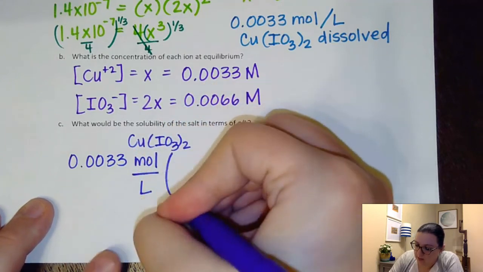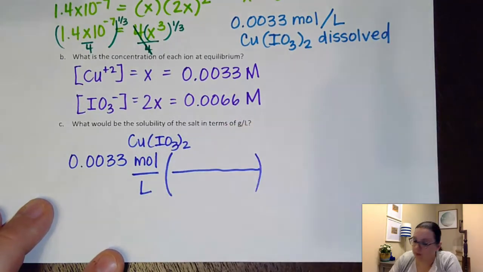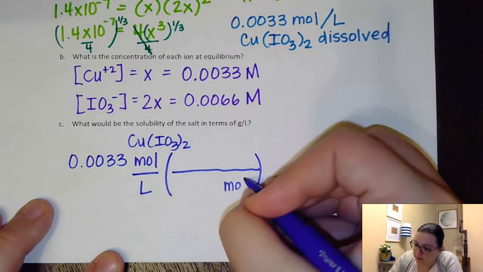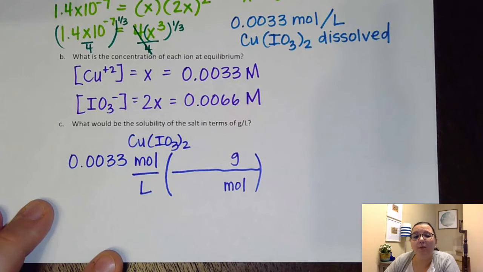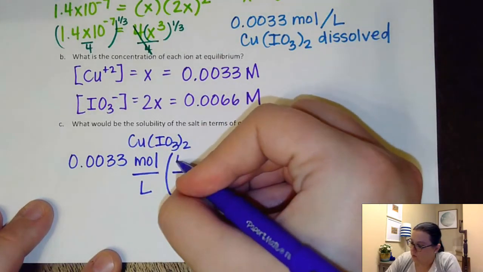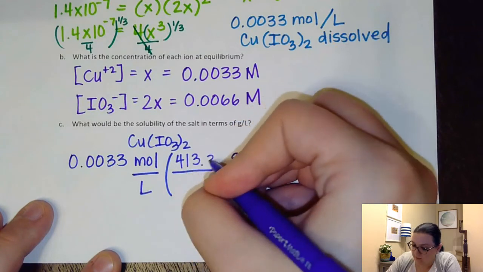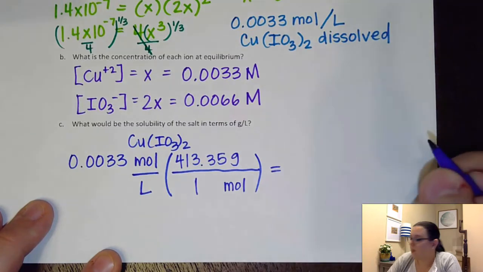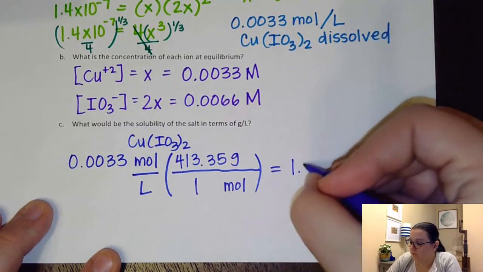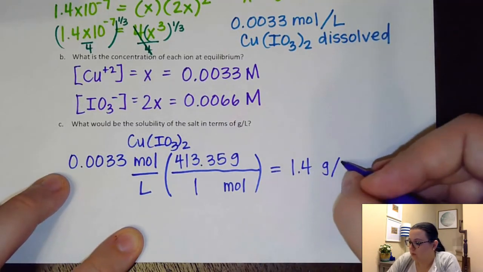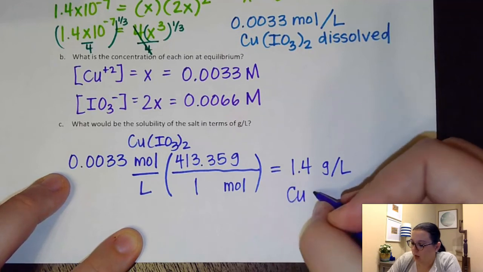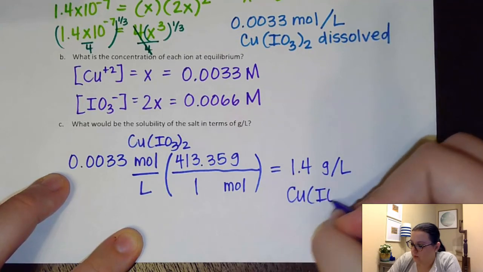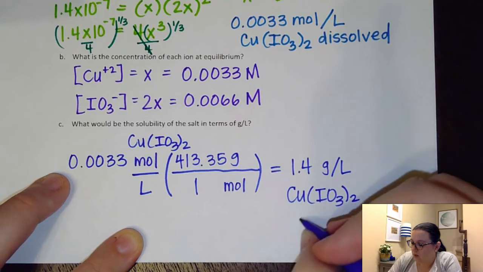So if moles were up here, that means moles are going to go down here to cancel, and I'm going to have grams. The molar mass of the copper 2 iodate is another big one, 413.35 grams for every 1 mole. And once I plug that in, that gets a value of 1.4 grams per liter of the Cu(IO3)2 will dissolve.